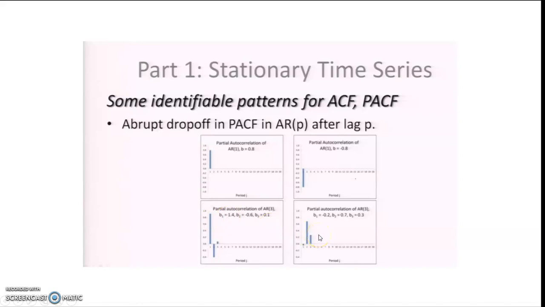And this is the partial autocorrelation in case of AR3, when b1 is equal to minus 0.2, b2 is equal to 0.7, and b3 is equal to 0.3.